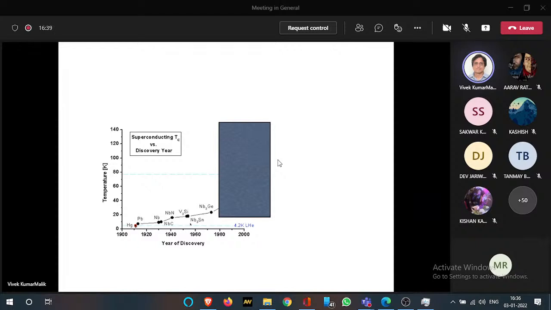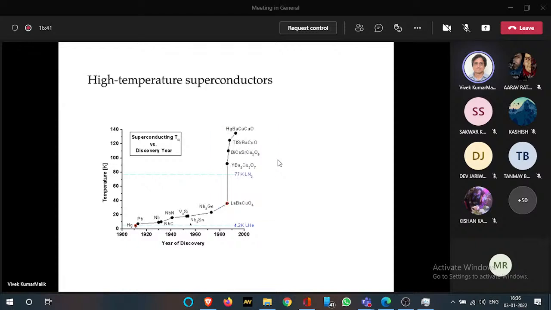And all of a sudden, Karl Müller and Bednorz discovered superconductivity in this lanthanum barium copper oxide, which is an oxide material. If you take the parent compound and dope or substitute lanthanum with barium to a certain extent, the parent compound lanthanum copper oxide, La2CuO4, is an antiferromagnetic material.